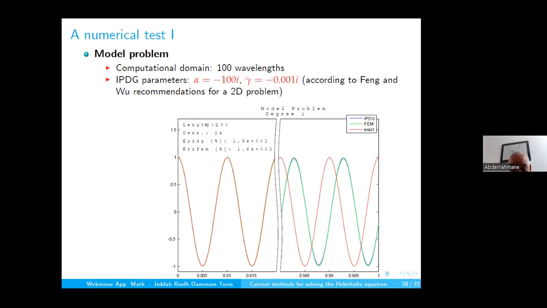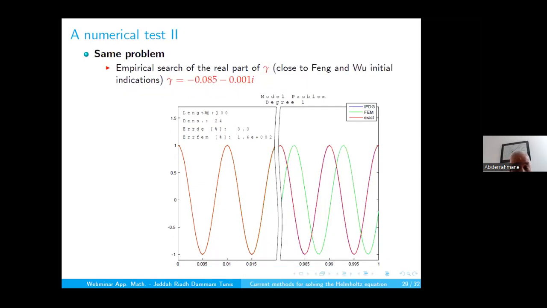But the most interesting thing, unfortunately, is only empirical. It is very sensitive to this parameter. If you take a real part for gamma and it is chosen in the right way, you see here the finite element solution.